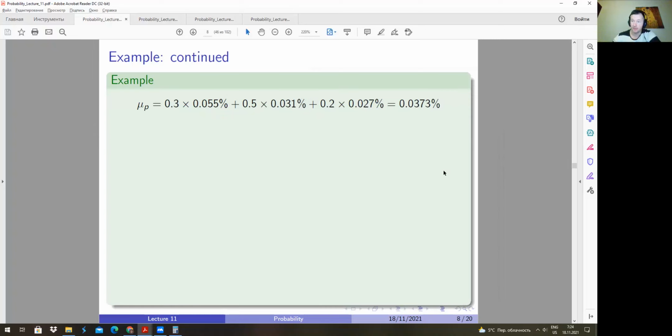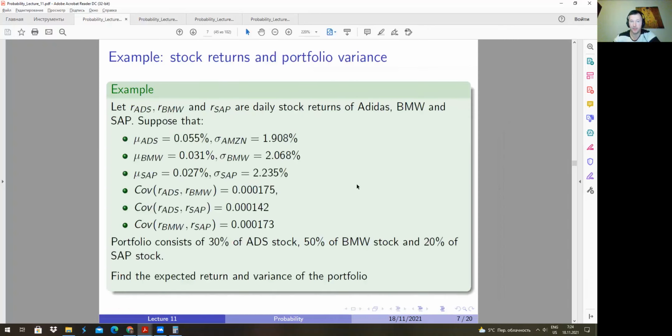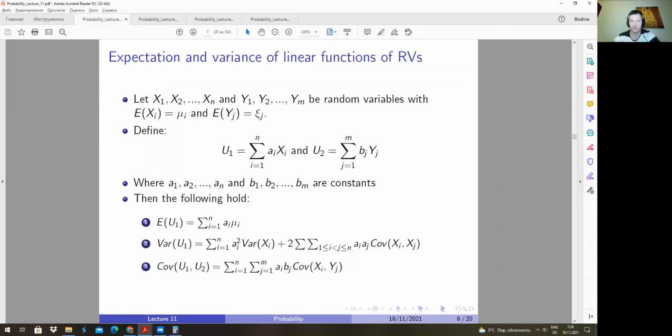Now, regarding the variance of the portfolio return. For the variance, we need to do this operation here. I need to take the square of each weight, multiply by the variance of each return, and then add twice these expressions.